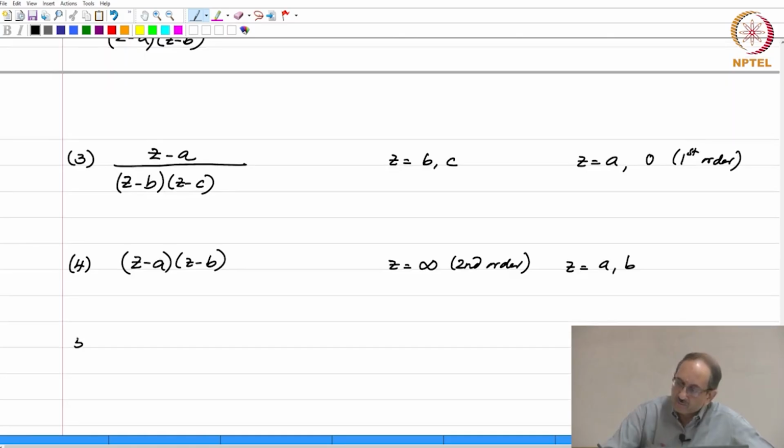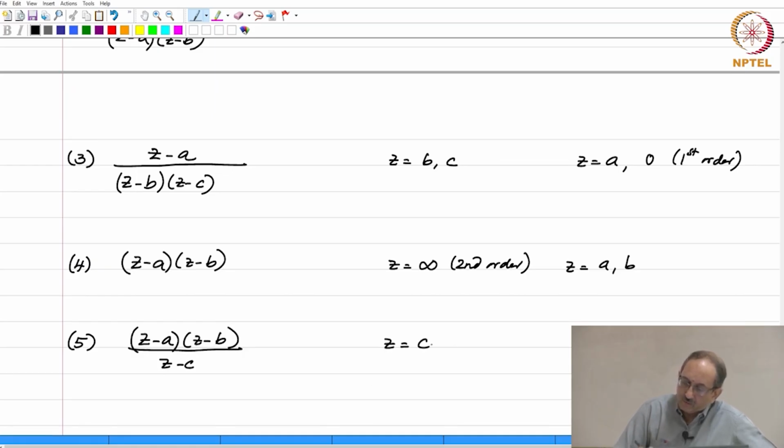And the other variants are just counterparts of this. So, here you have z equal to c is a pole in the finite plane. These are called finite plane poles or zeros, and you have zeros at z equal to a and b, and you also have a pole at infinity, and this is of first order.